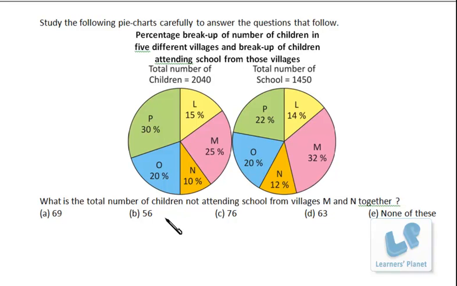So it's 2040 into 25 plus 10, that is 35%, minus 1450 into 32 plus 12, that is 44%, right? So let's calculate it.